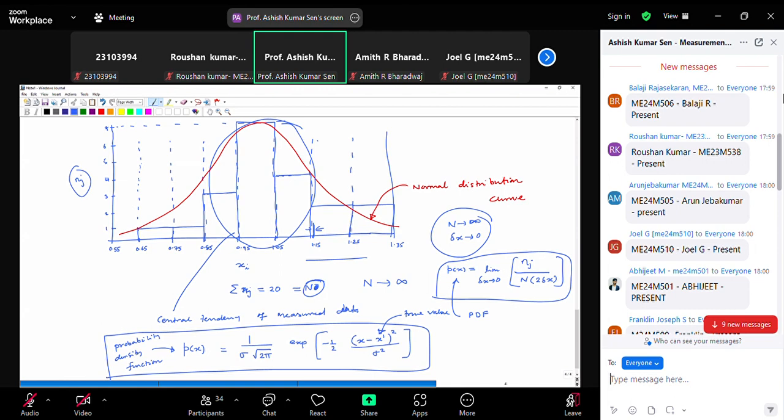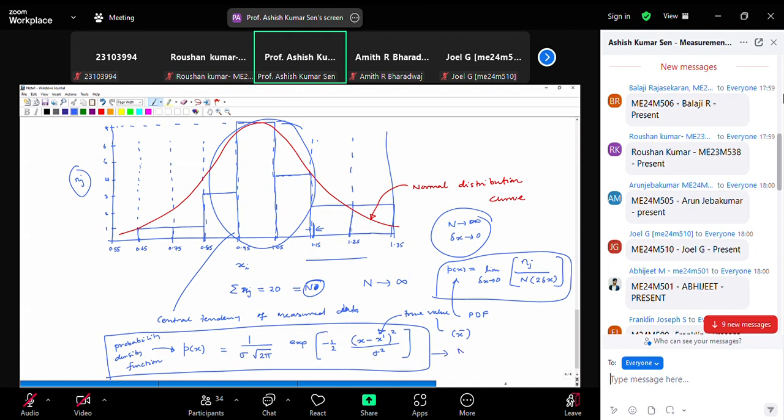But since many times you do not know the true value, it is approximated as the mean value, x bar. So if I plot this equation, it is called the normal or Gaussian distribution.